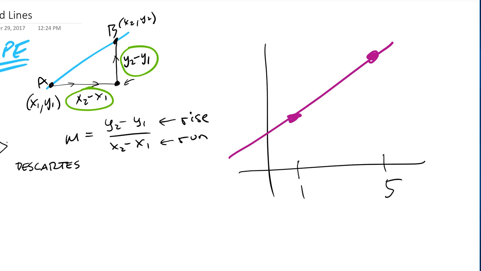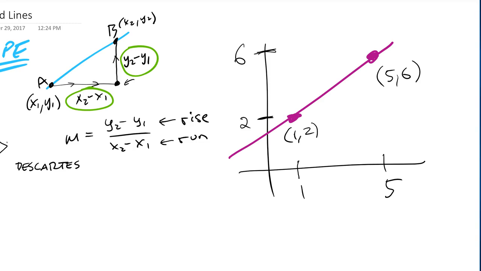And the first point goes up 2, and then the second goes up 6. So we have 1, 2 for the first point, and then we have 5, 6 for the second point.